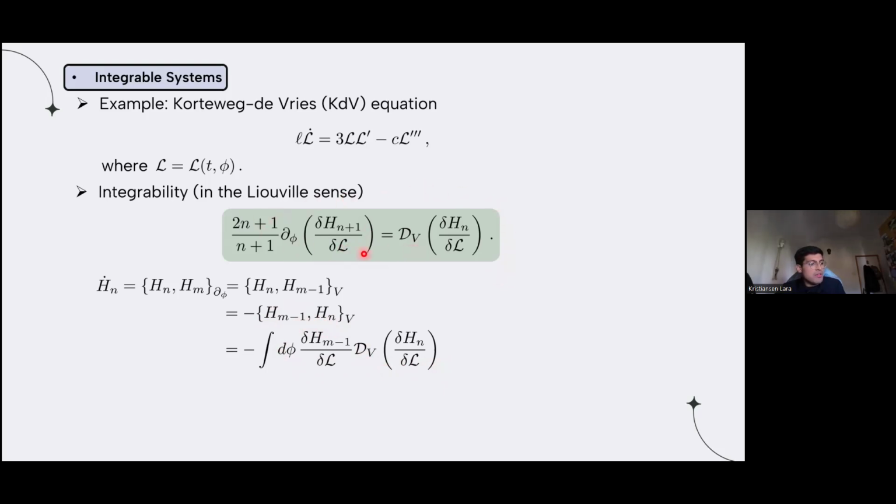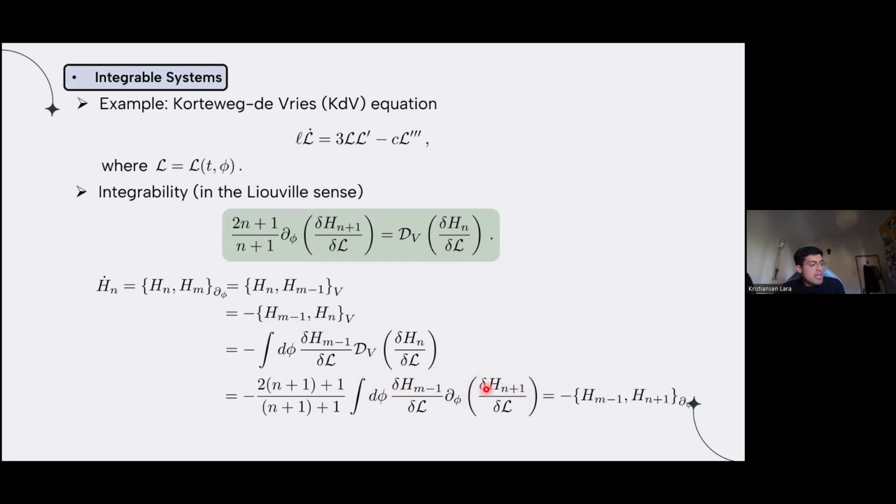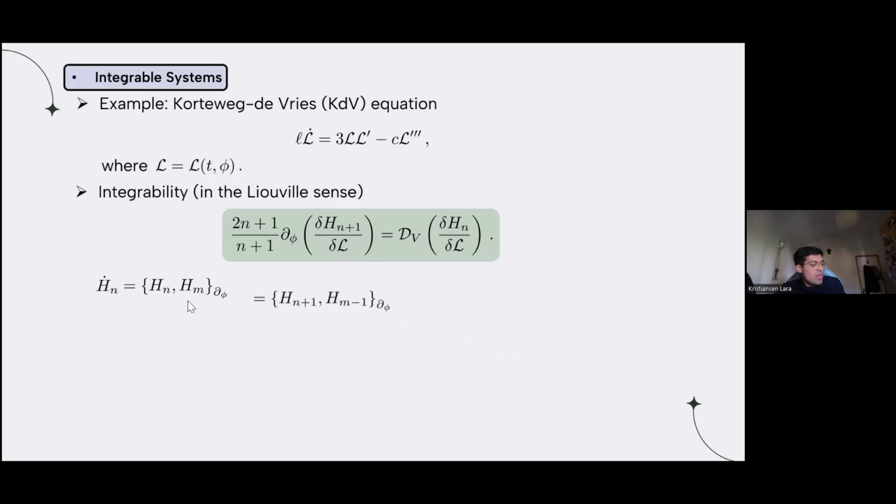This recursive relation, when dv acts on hn, raises one index of h, and this is what is going to happen. It raises one index of h that you can see here. And this, by antisymmetry, is this expression that you can see here. And it is nothing like this. So we have this expression that you can see here.